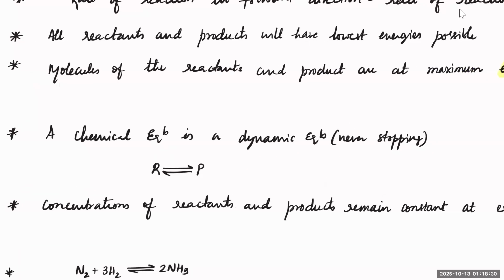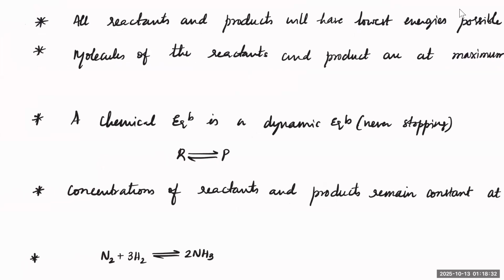So by definition, what is entropy? Entropy change is always equal to dq reversible by T. Just remember it like a definition. What does it do? It will be measuring change in randomness.